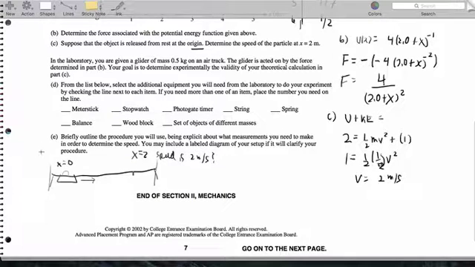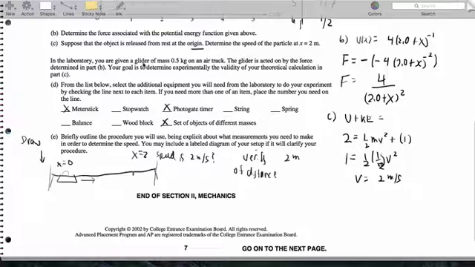I would actually draw this on the AP. Okay, and then what I basically say is I'd want some different masses so that I could choose a 1/2 kilogram mass. I'd want a photogate timer, and I guess I'd want some kind of a meter stick so I could measure distance. So I'd basically verify 2 meters of distance.